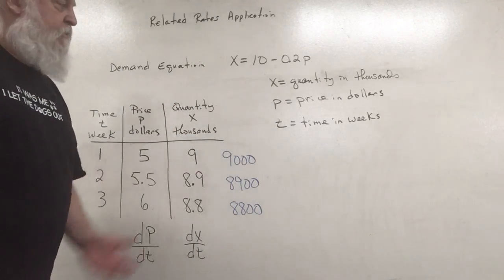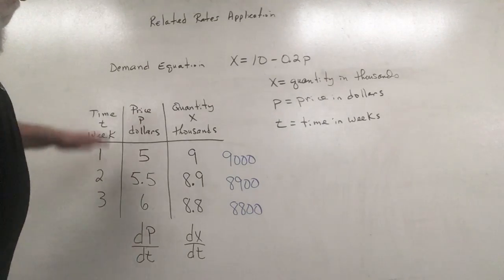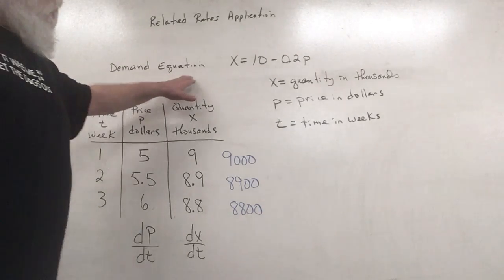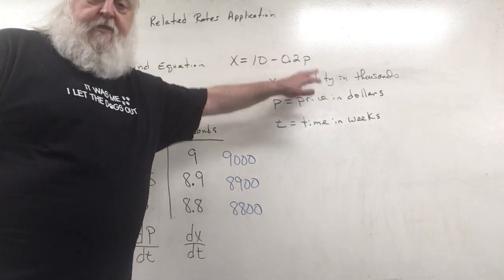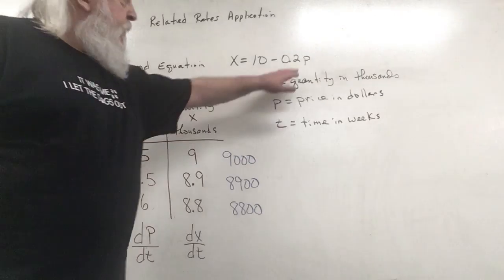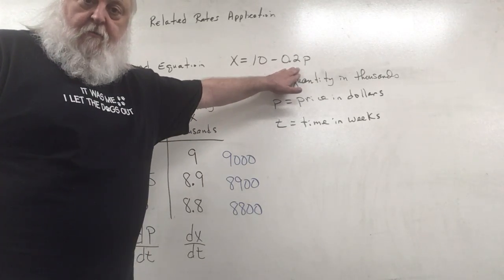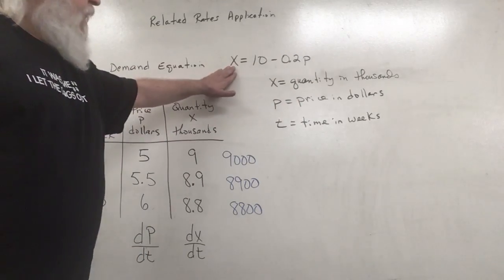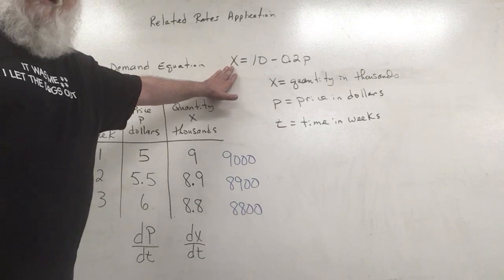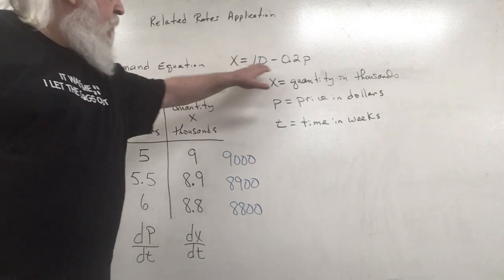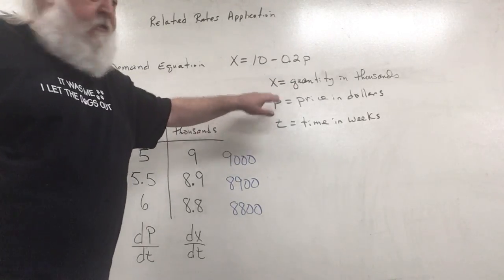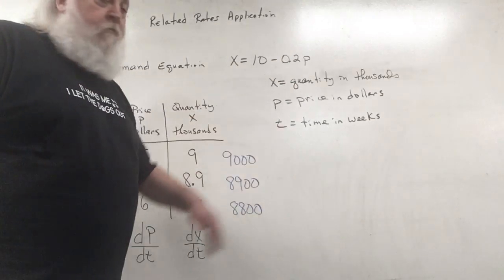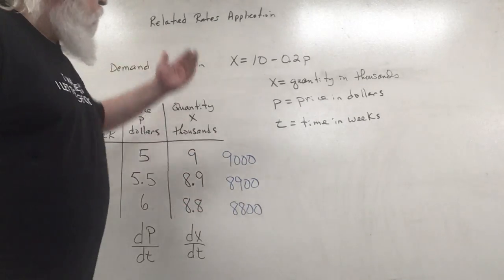To demonstrate what's going on here, I have a demand equation, x equals 10 minus 0.2 times p. P is the price of the good per unit, and x is the amount of the good sold at each price p, and x is measured in thousands. T is time. There are 3 variables with related rates.